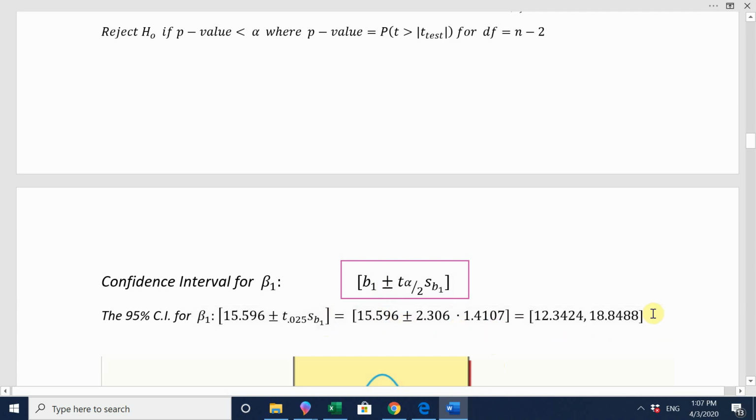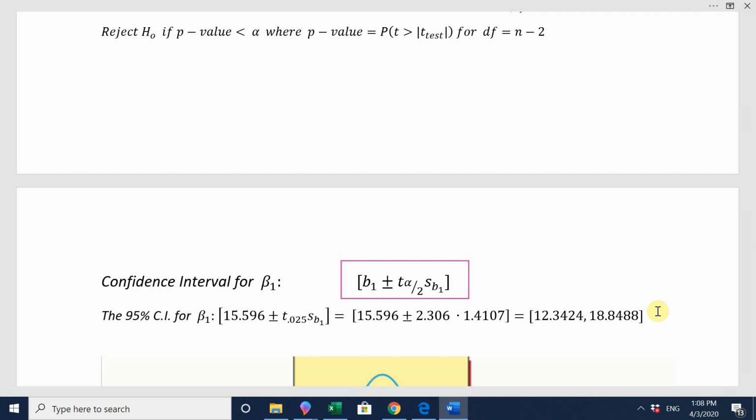If you can follow with the values that I am plugging into my formulas, I get this confidence interval. This is a 95% confidence interval for beta 1. It ranges between 12.3424 and 18.8488.